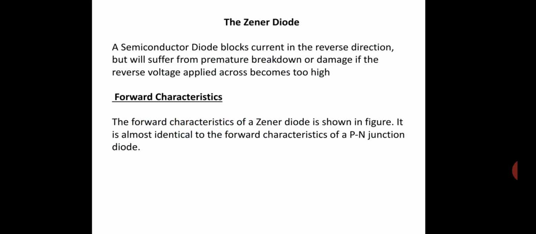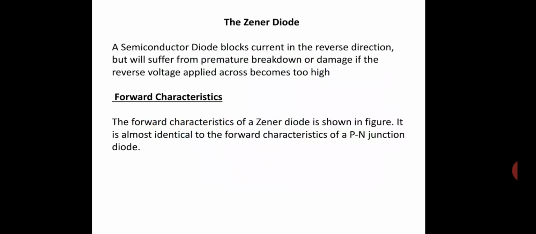So the operation of Zener diodes: the Zener diode operates just like the normal diode in forward condition and has a turn on voltage of between 0.3 and 0.7 volt.